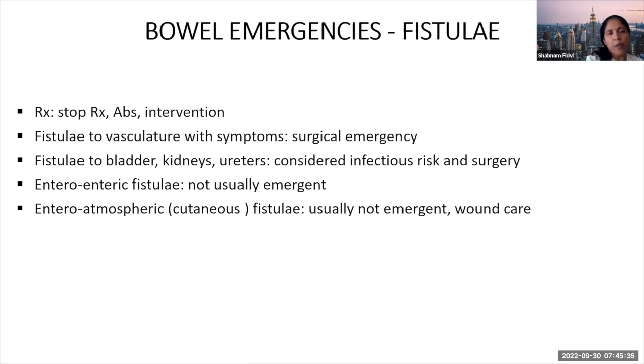If there's a tumor with fistula to the GU structures, namely the urinary bladder, the kidneys, or the ureters, these are considered a high infectious risk and also usually go to surgery. Tumors with fistulous communication between bowel, usually not emergent, entero-enteric and tract fistulae. And if there's enteroatmospheric or enterocutaneous fistulae, these are also usually not emergent and can be treated with wound care.